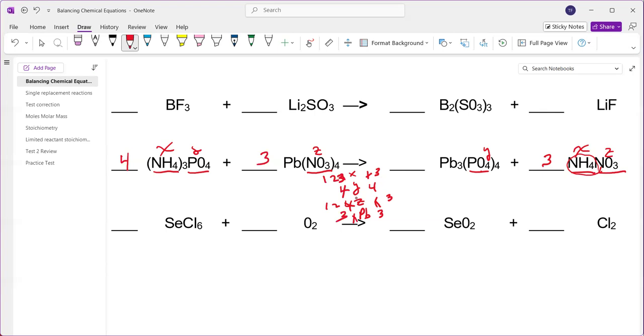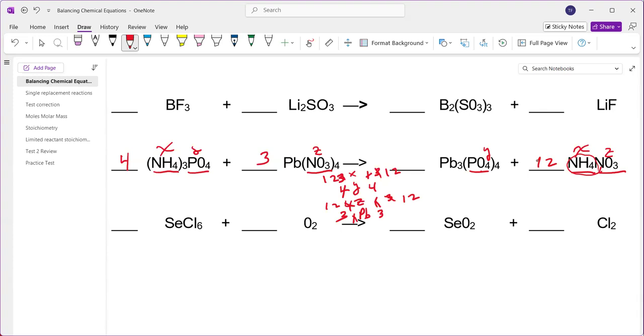Oh. So X now becomes 12. And the Z's become 12. Balanced. Now, had we not done that, this would have been a really complex problem to balance.